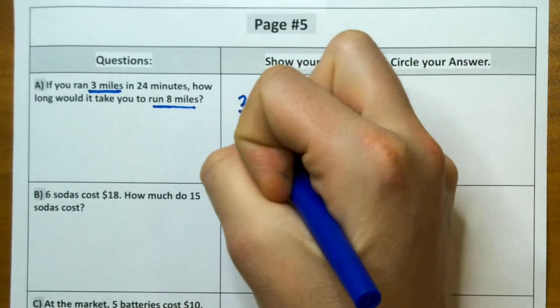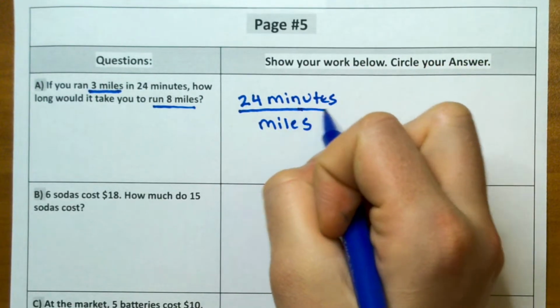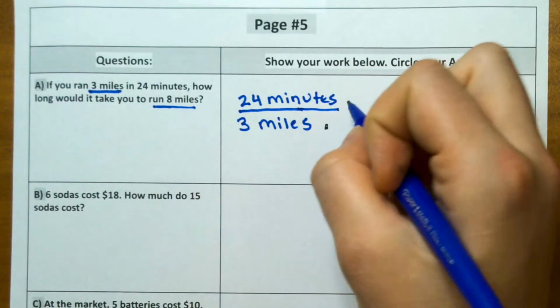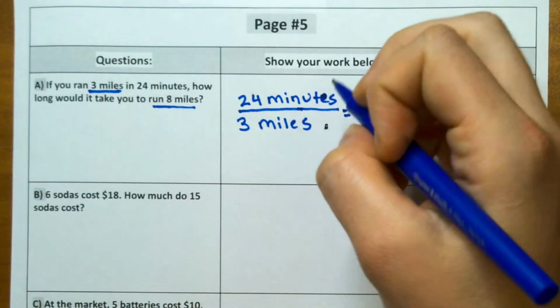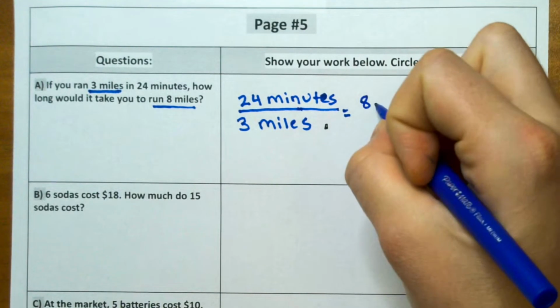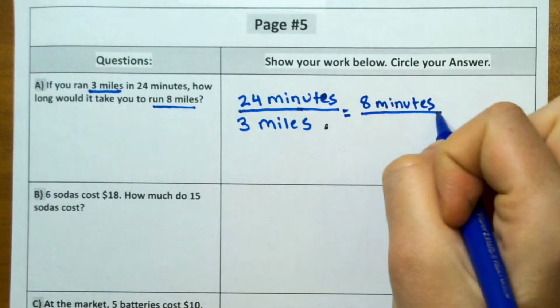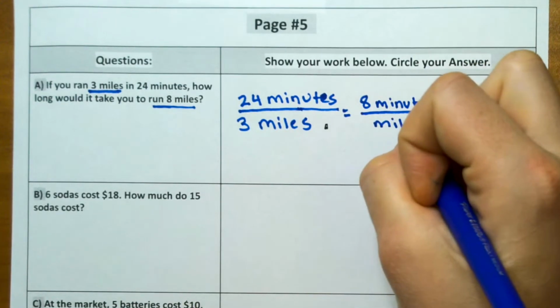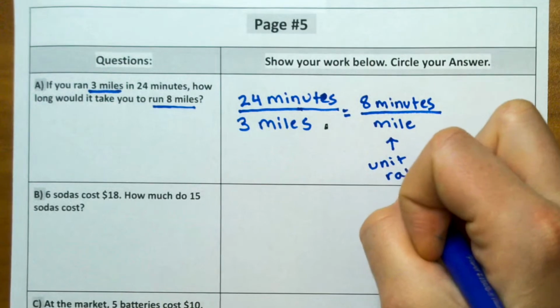So I'll do 24 minutes divided by 3 miles. 24 divided by 3 is 8, which puts us at 8 minutes per mile. This is our unit rate.